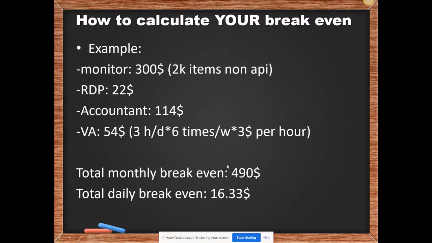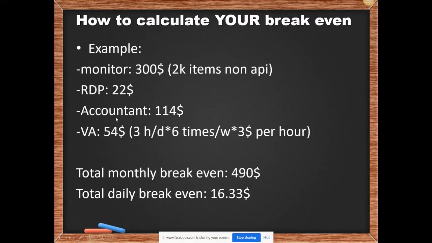Let's say I have 2,000 items in my store, or maybe less, whatever. I pay for SaleFreaks, the 2,000 items non-API subscription. This costs $300 a month. Then for my cloud, I pay about $22 a month.